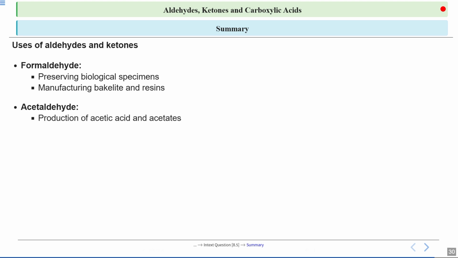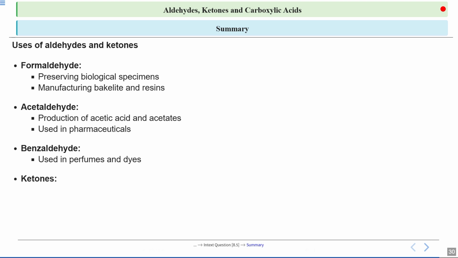It is used in the production of acetic acid and acetates, which are specially used for making vinegar and various salts. It is also used in pharmaceuticals, playing a role in the synthesis of certain drugs and chemicals. Then we talked about benzaldehyde, which is an aromatic aldehyde. It is used in perfumes and dyes because it has a pleasant almond-like aroma.